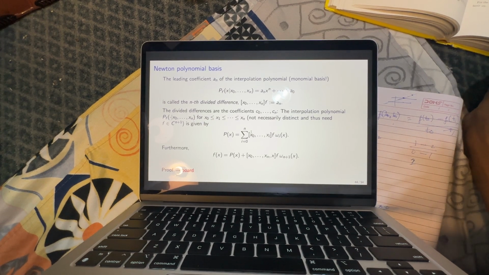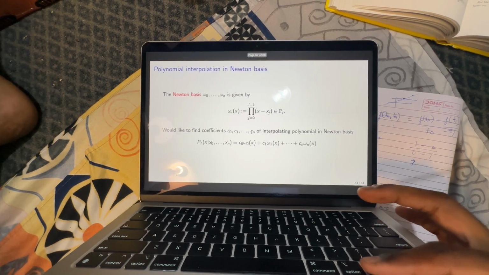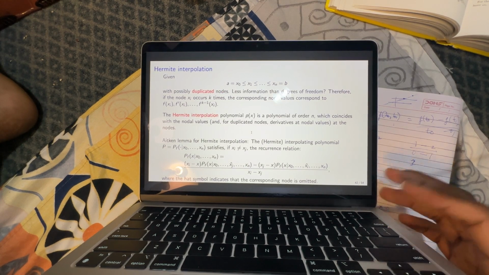Hermite interpolation. This is the Hermite interpolation.